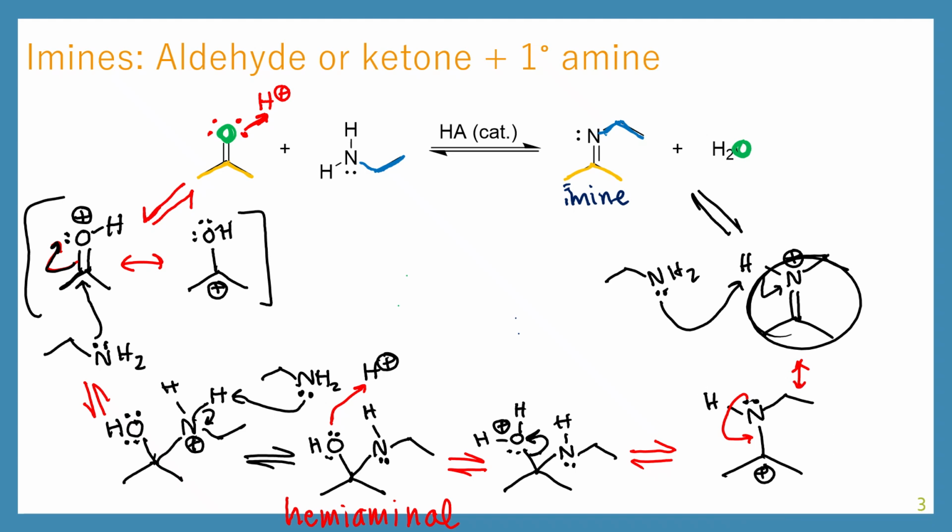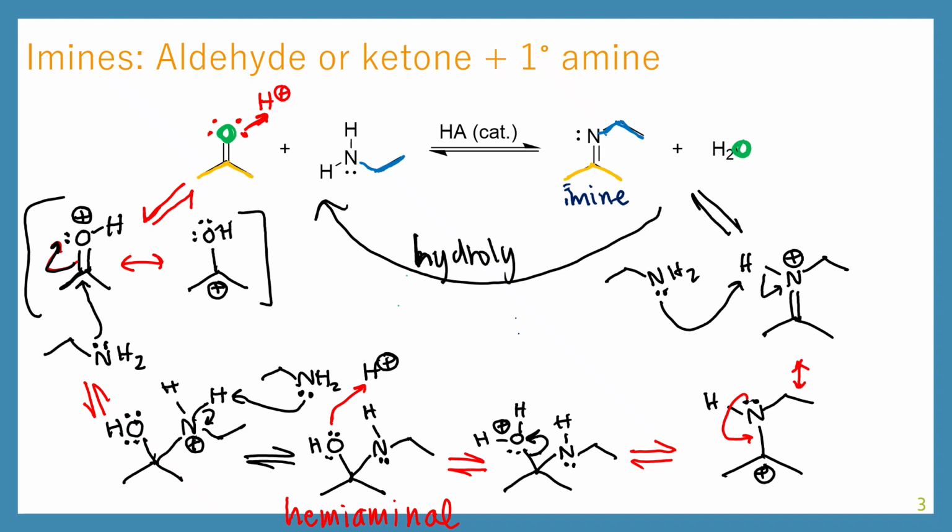And then we just keep moving forward by reversing everything we just did. So the process of adding water and acid to get back to here would again be called hydrolysis. Lots of parallels between the chemistry of amines and acetals.